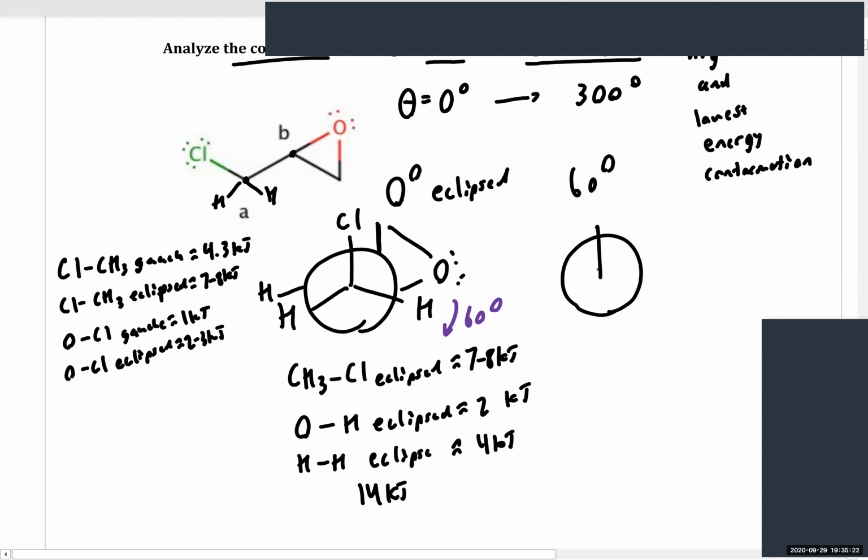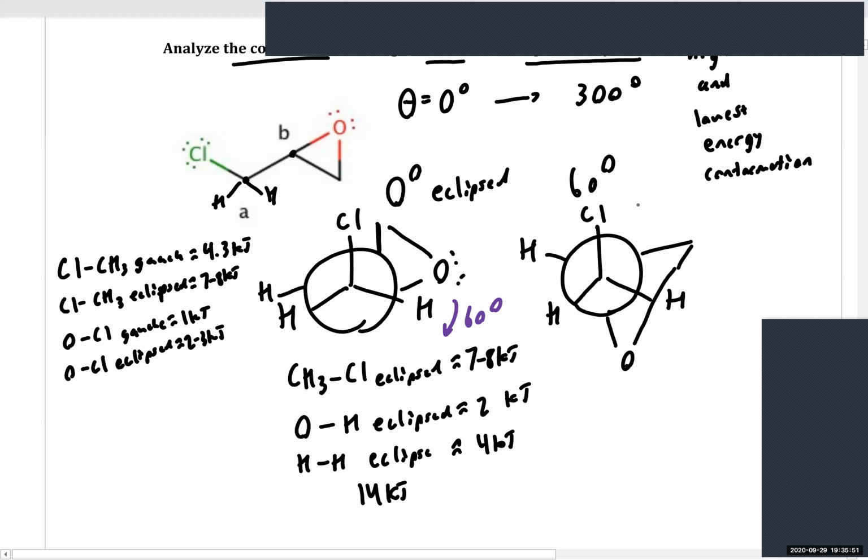So in this case, we still have our front substituents in the same positions. Now we have our oxygen substituent and our methylene substituent, and we have our hydrogen.